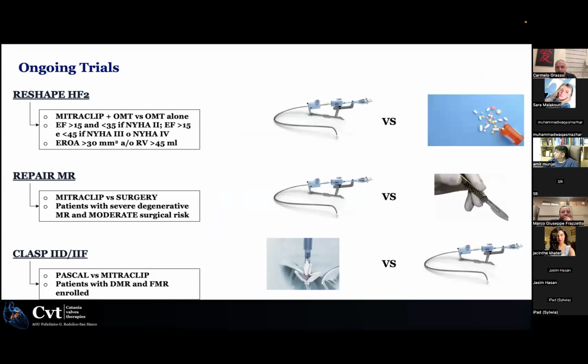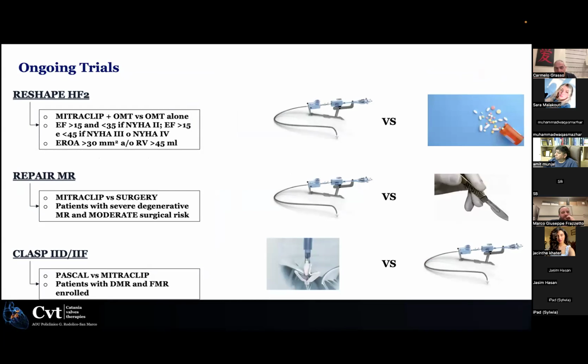Someone is starting to provoke, saying it is better to have a Pascal, yes, MitraClip, but in my opinion, I treated almost 900 patients. Still, I don't know where to use one or the other device.